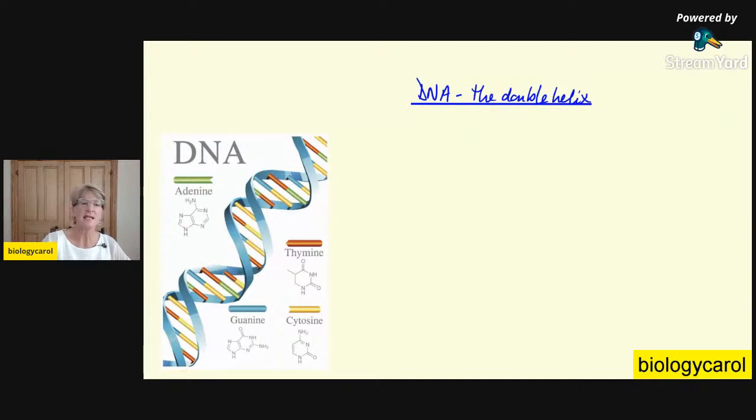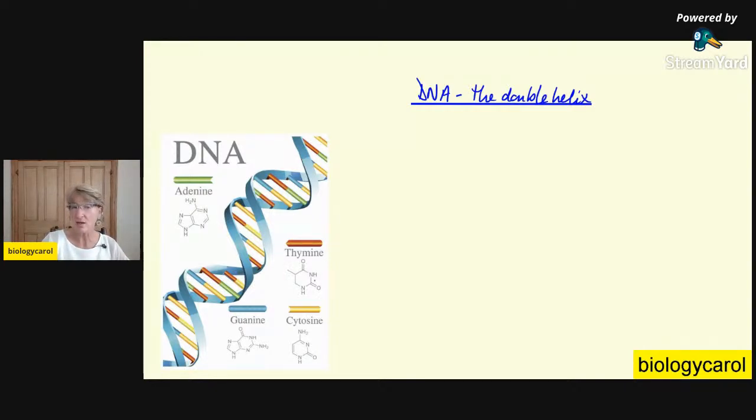And rather nicely here, you can see that adenine and guanine are physically larger molecules than thymine and cytosine. And hopefully, therefore, it makes sense that they pair up, one bigger one and one shorter one, so that the rungs of the ladder are the same length. Because if they weren't, the DNA molecule wouldn't really hold together very well.